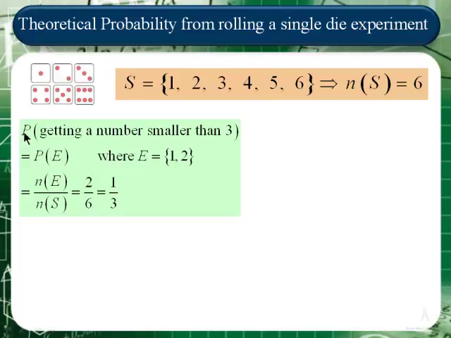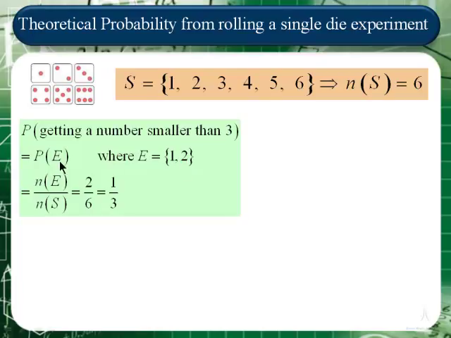The first one: what is the probability of getting a number smaller than 3? So the event is the set containing the numbers 1 or 2.